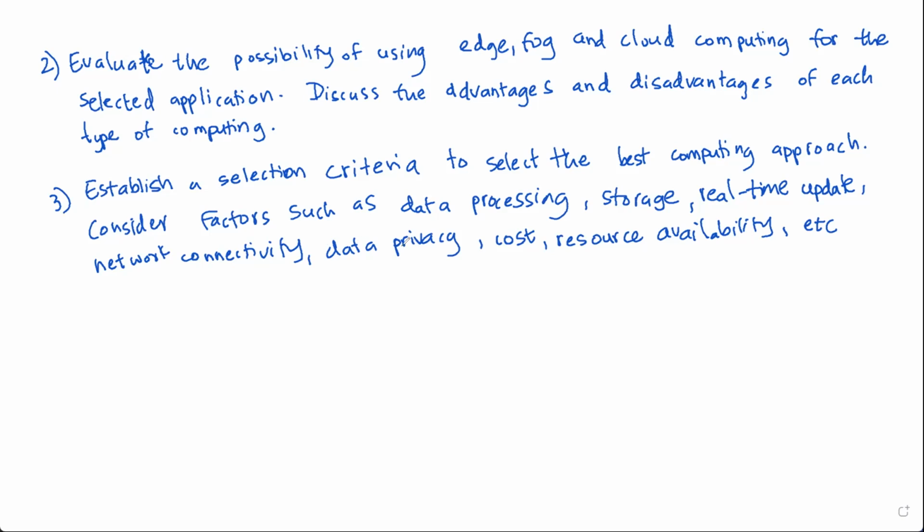And so on. Then data security and privacy. Then cost of the implementation, and resource availability, and so on. So these factors you can consider and you can define for your system: what are the basic factors you require and what are the factors you don't require.